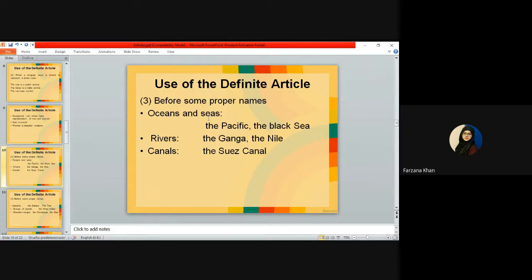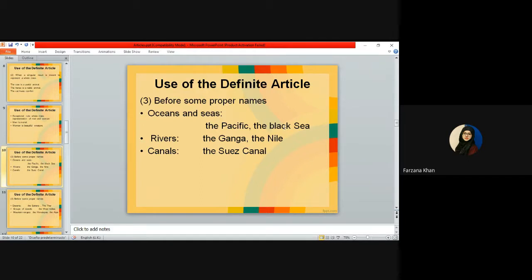Let me tell you. First of all, oceans and seas. Whenever you write the name of any ocean, you will write the definite article with the complete name of the ocean. Similarly, whenever you write the complete name of any sea, you will add the definite article. It can be the Pacific Ocean, right? If you are talking about the Black Sea, you cannot simply use Black Sea.